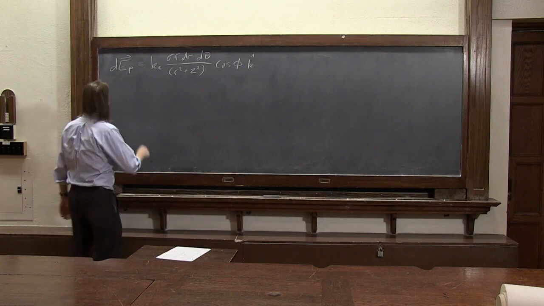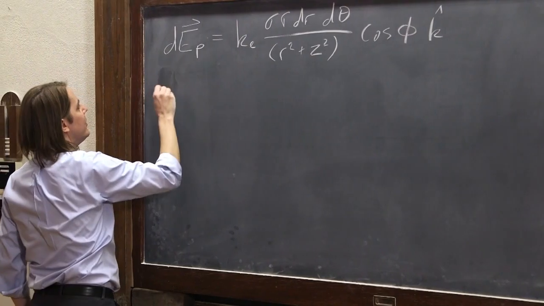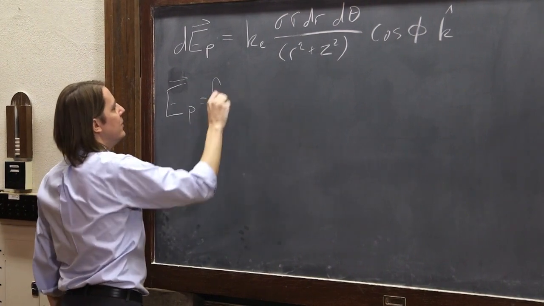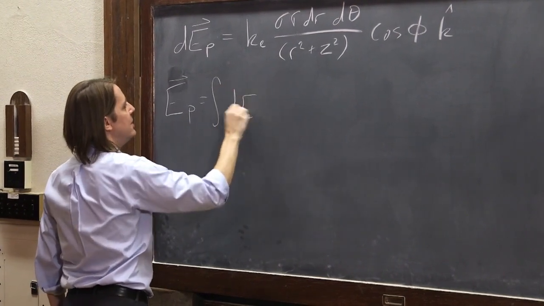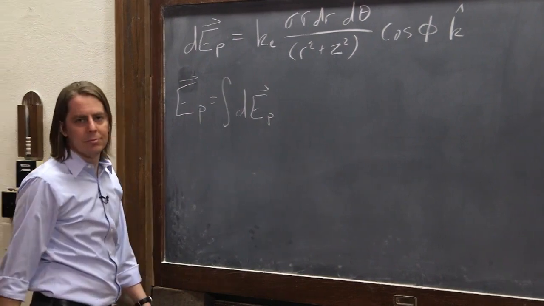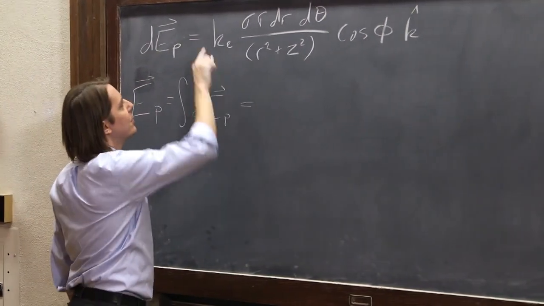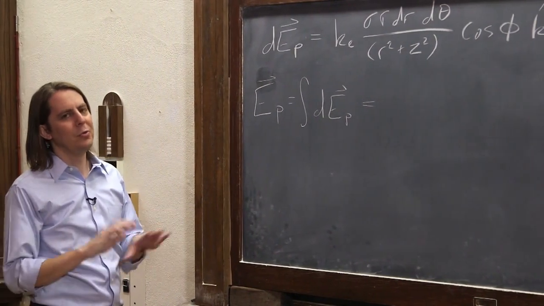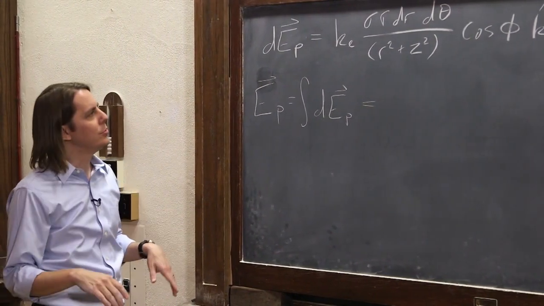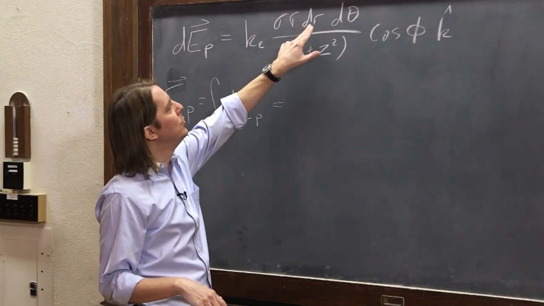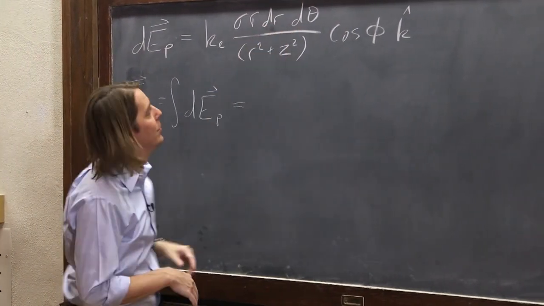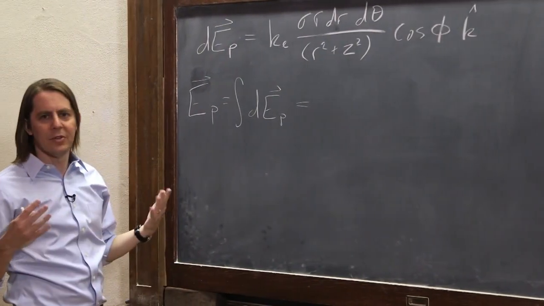We have our dE_P. Now we just have to integrate to get the field. Let's say that E_P, the E field at point P, is the integral of dE_P. We're just adding up all the dE_Ps. But there is something special here. When we have a sigma, that means we're doing two dimensions. We have a two-dimensional charge distribution, which means we have two differentials here. So we have to integrate over two dimensions, which means it's a double integral.